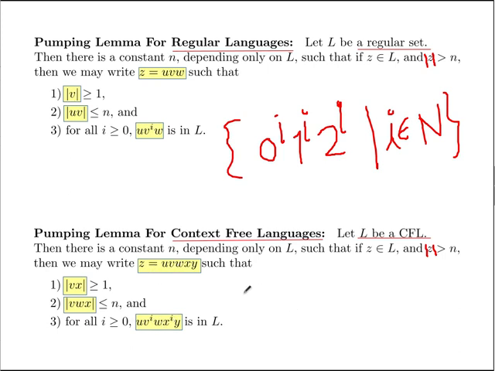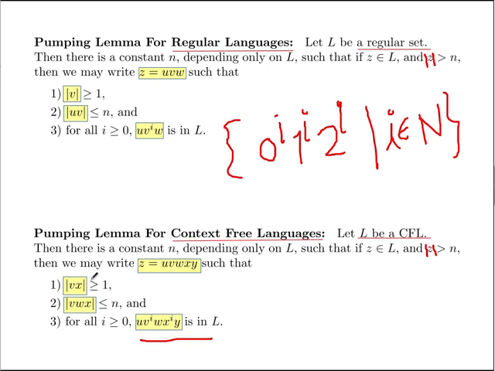You have this 5-part string, and the leftmost, rightmost, and middle parts remain as they are, while the second part and the fourth part get pumped, and all these strings will also be in L. Again, in order to have a successful pumping, we cannot have both v and x be empty strings, since then there is no meaning in pumping.